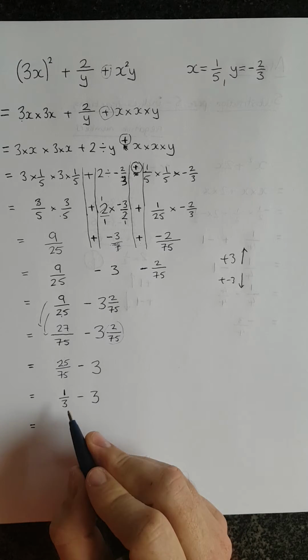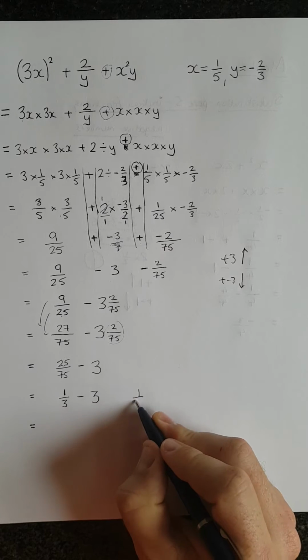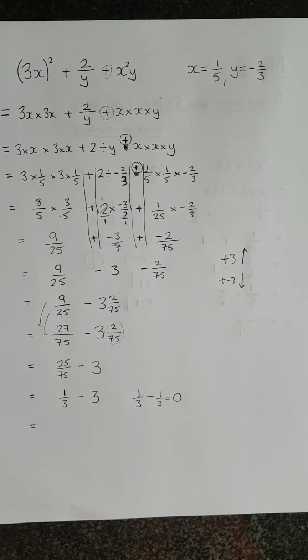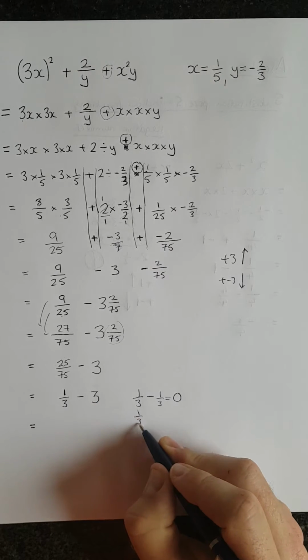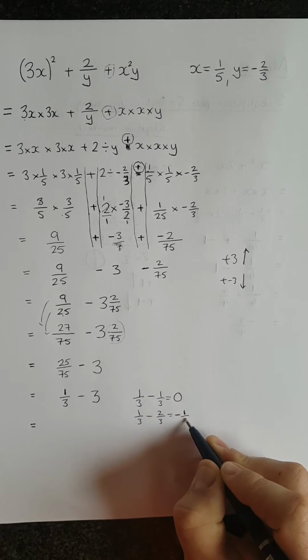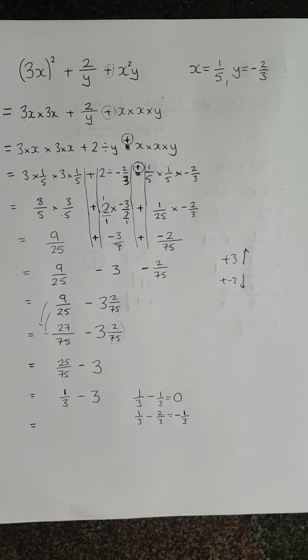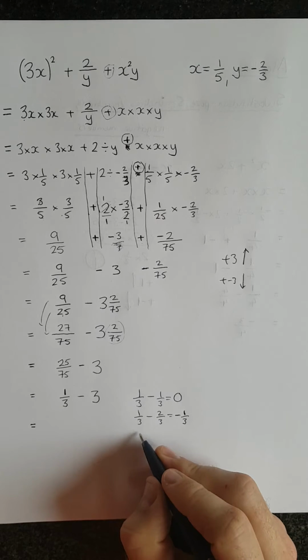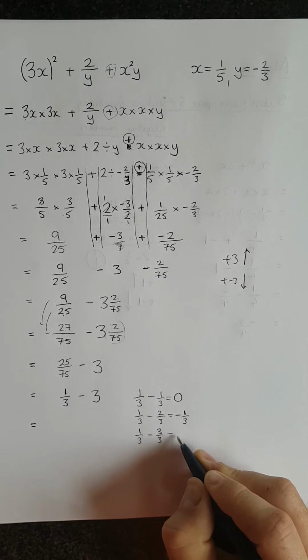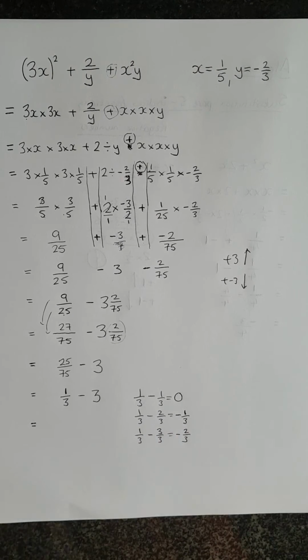Well, if I had 1/3 and I took away 1/3, I would get 0. So if I had 1/3 and took away 2/3, I would get minus 1/3. If I had 1/3 and I took away 3/3, I would get minus 2/3.